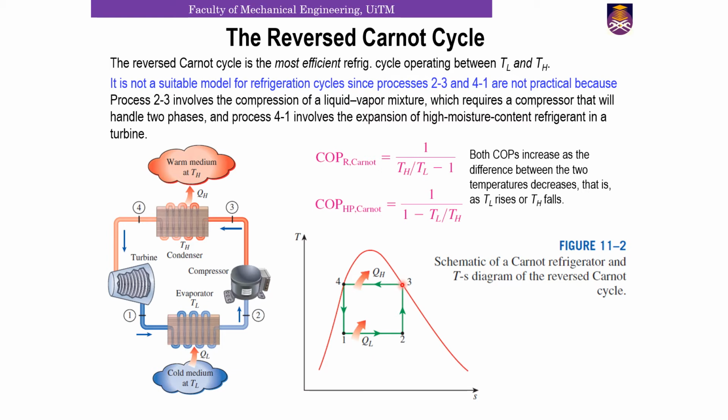Then from point 3 to point 4 it goes through a condenser, and in this condenser you reject heat to the warm medium at TH, and then it is back to point 1 through a turbine. So we use a turbine to represent our reverse Carnot cycle, and this is done isentropically again, straight line down, and that completes one cycle of the refrigeration system, and you can continuously do this to reach the desired cold medium refrigerated space that you want.